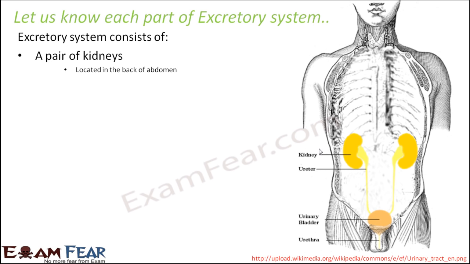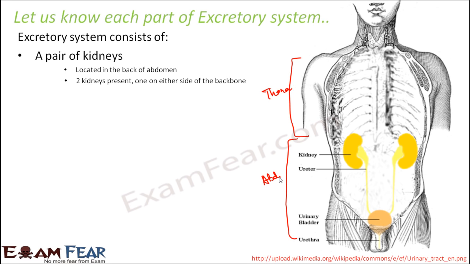The diaphragm denotes the end of the thoracic cavity, so this portion is the thoracic cavity and this portion is the abdominal cavity. So you can say that kidneys are located at the borderline of the thoracic and the abdominal cavity, that is, towards the beginning of the abdominal cavity and towards the last levels of the thoracic cavity.